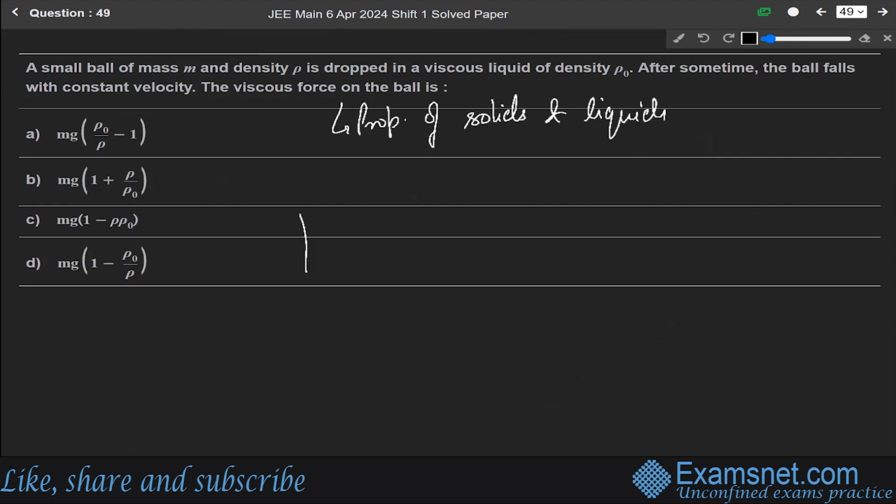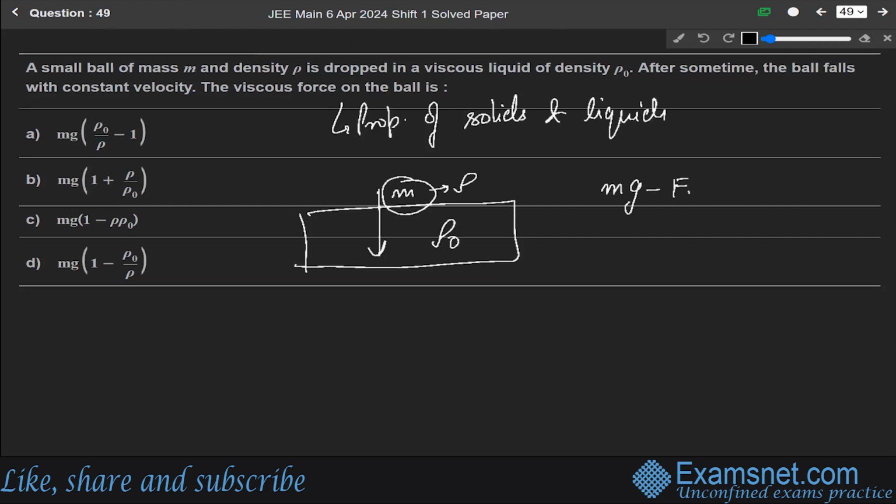Let us say this is a viscous liquid and this is a small ball whose mass is given as m and density is given as rho. It is dropped in this liquid and the liquid's density is rho naught. After some time the ball falls with constant velocity v. So it will be mg minus fb minus fv equals to ma.